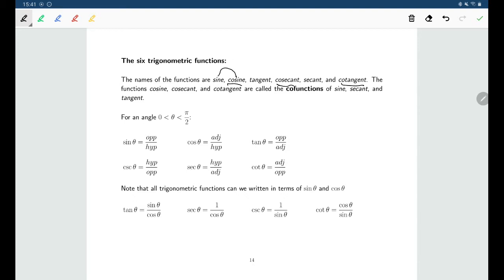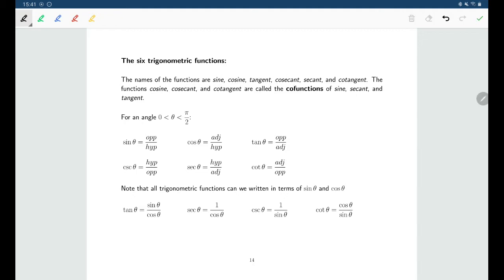Cosine is a cofunction of sine, cosecant is a cofunction of secant, and cotangent is a cofunction of tangent. We're going to see in a little bit that there is a special theorem relating a function and its cofunction, and we'll see that in just a little while.